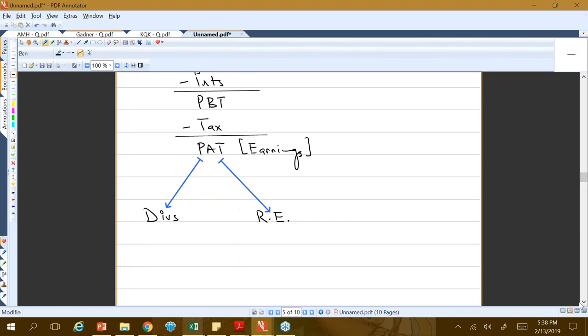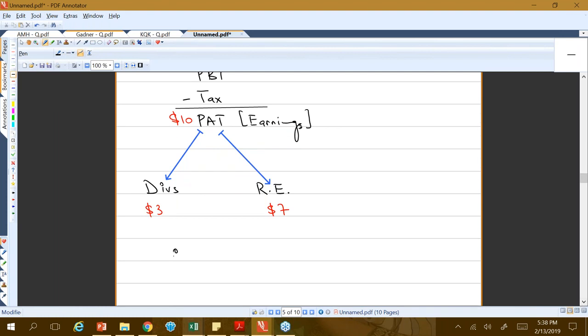If I put simple numbers here and say this is $10 as profit after tax, dividends are $3, retained earnings are $7, which means the profit which I have retained is $7. Therefore, 7 over 10, my profit retention ratio here is 70%.